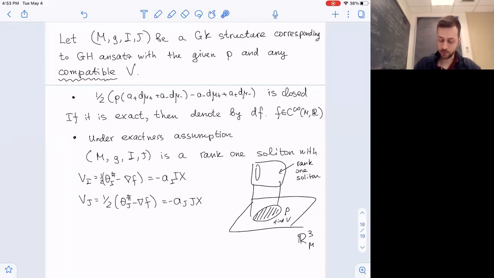Most often, if you just take some generic solution of this equation, you will not be able to complete it into a complete soliton. Okay. Other questions to this point?